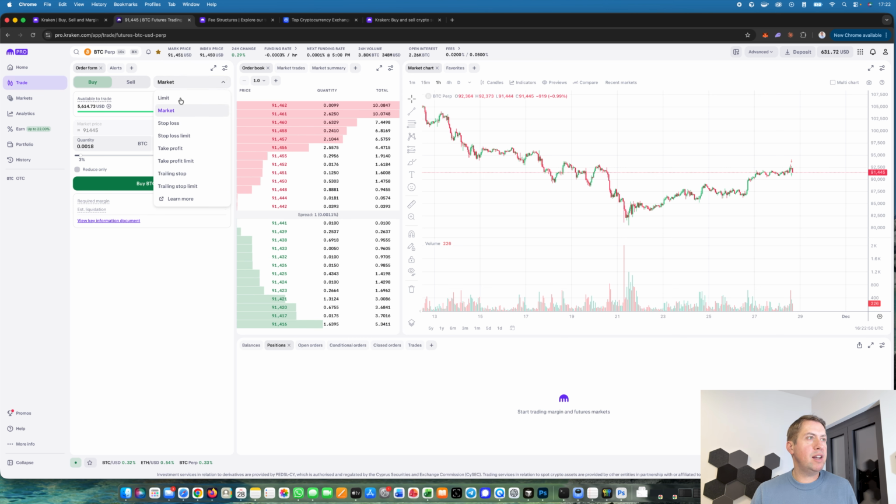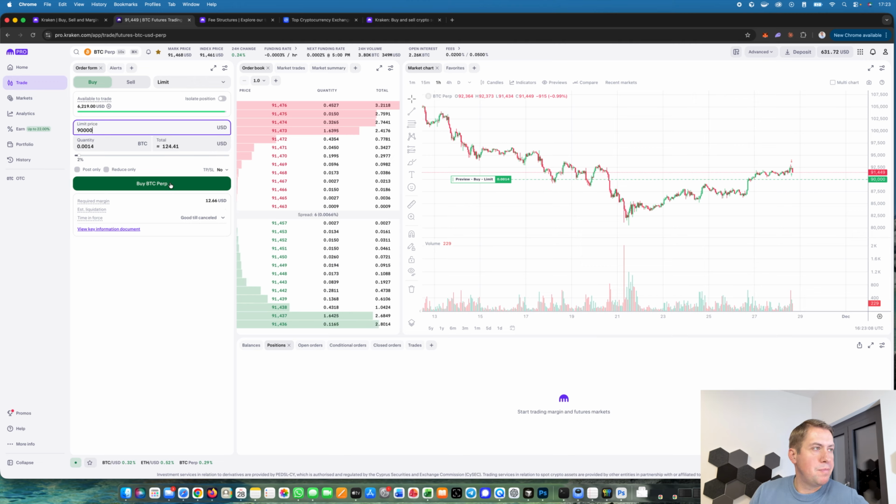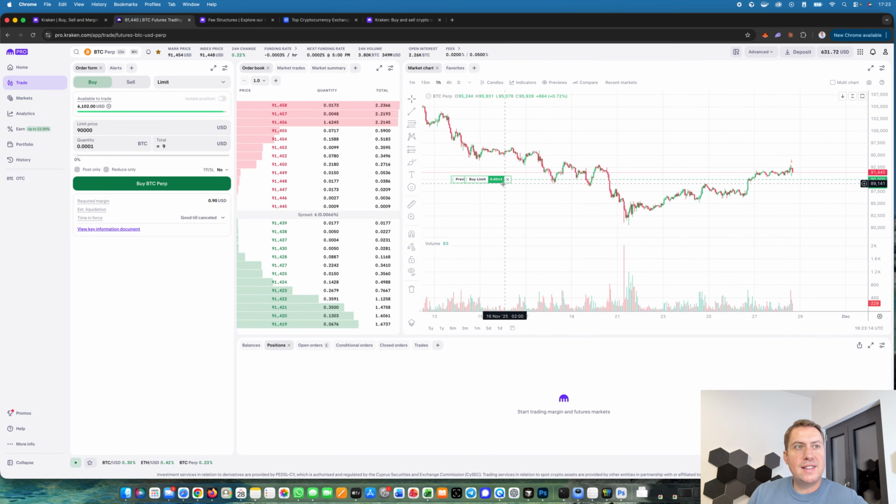With the limit order, it's a bit different. I'm just saying, okay, I want to invest, I don't know, $100, if the price of Bitcoin drops to 90,000, and then I click buy BTC perp. And then you can see there's now the order in the order book.